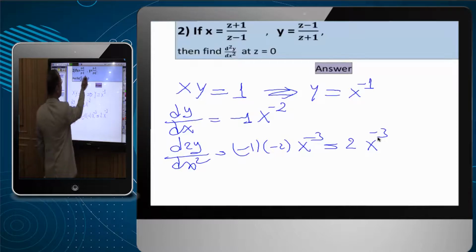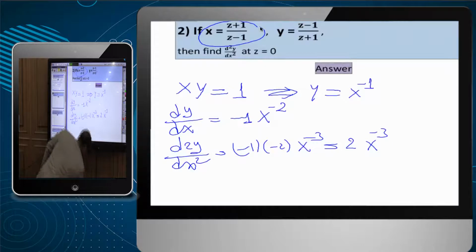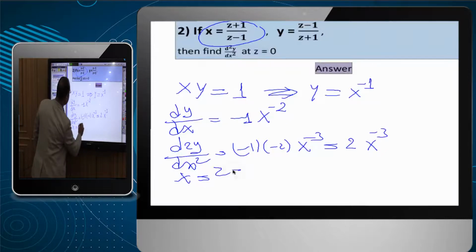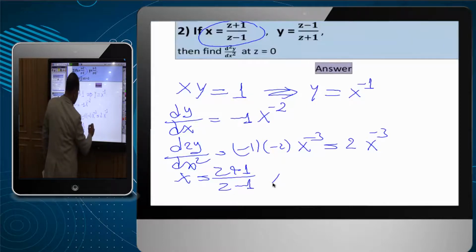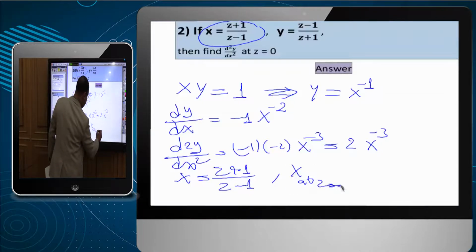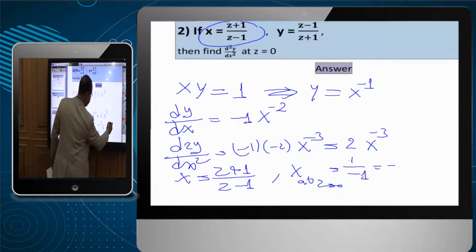Then the relation between x and z comes from here. X equal z plus 1 over z minus 1. Then x at z equals 0 equals 1 over negative 1 equals negative 1.